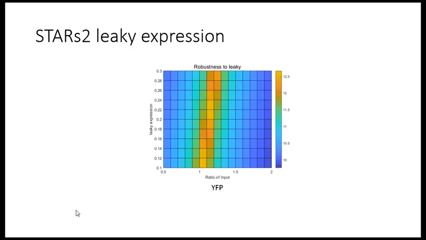And the peak expression of YFP will also shift. Considering that in reality the difference between two inputs will likely be more than the difference of leaky expression, the leaky expression may not disturb the behavior of our system, and it will not disturb the sensitivity of our system in any case.